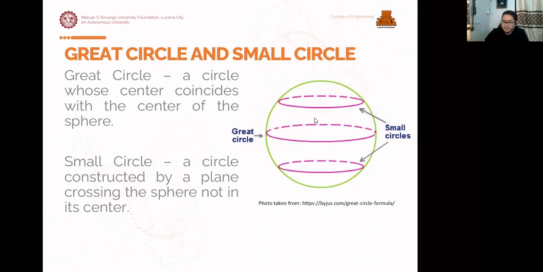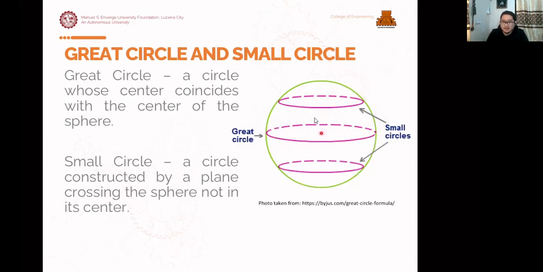So sa spherical trigonometry, pinag-uusapan natin is part of the Earth mismo, no? Kung basta sphere yung shape natin. So pag sinabing great circle, yung center ng circle na yon, so ito yung great circle natin as shown, yung pinaka-center ng circle na yon coincides with the center of the sphere mismo, no?